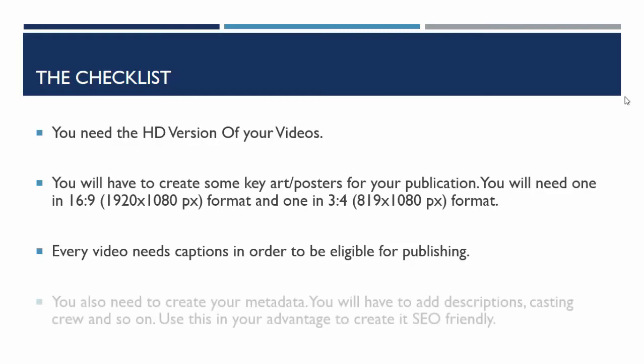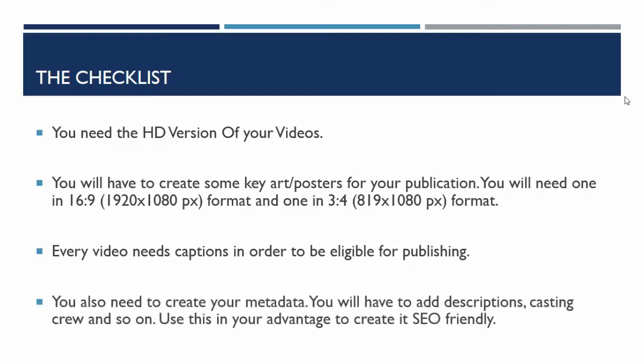Then the last point that I would have on this checklist is the fact that you also need to create your metadata. So you will have to add descriptions, you will have to add a casting crew and other things to your videos. But use this to your advantage to make your publications SEO friendly, okay?